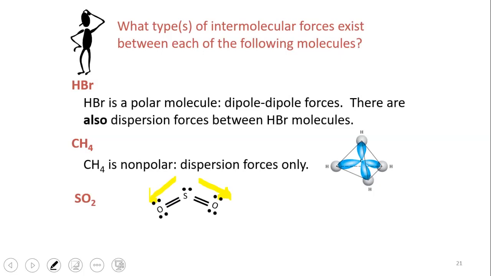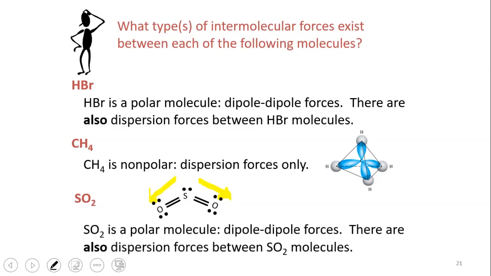And because this molecule is not symmetric, with that lone pair on the top and the bent shape, it causes those two dipoles to add up. All right, so this is a polar molecule. So it'll have dipole-dipole forces. And of course, there will also be dispersion forces involved in here. Okay, excellent.